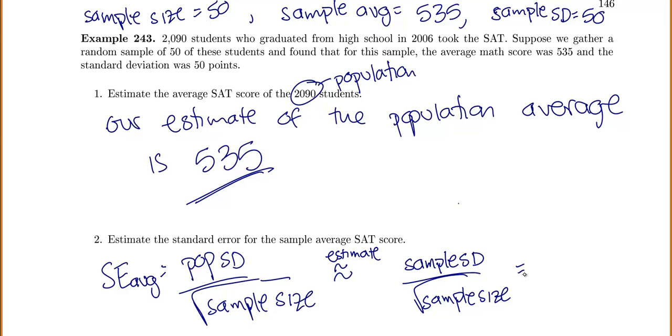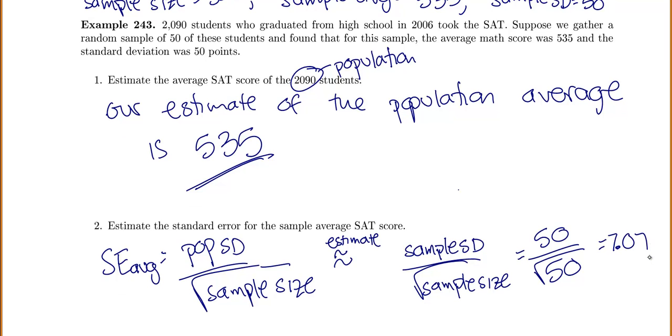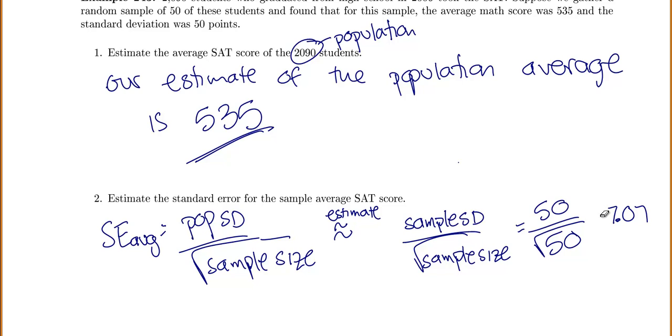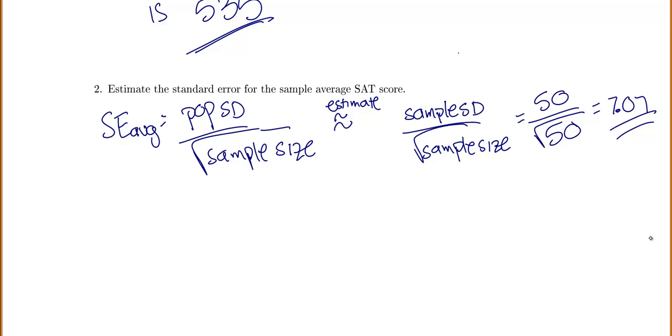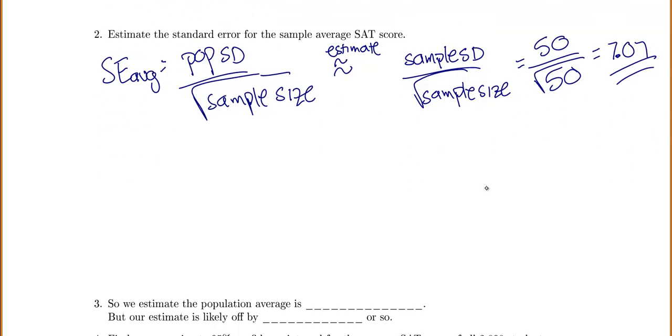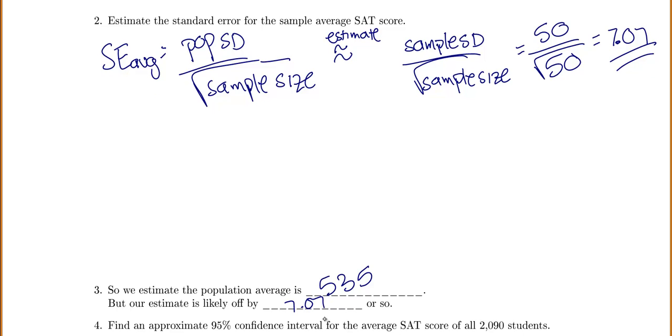Our sample SD was 50, and our sample size just also happened to be 50, so that might be slightly confusing. But 50 over the square root of 50 gives me 7.07. So we estimate that our population average is 535, but our estimate is likely to be off by about 7.07 or so.